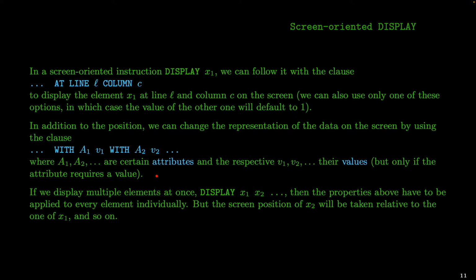And if we display multiple elements at once, then the properties above have to be applied to each displayed item individually. So if we set the position for x1, then we have to also set the position for x2 after that manually. Otherwise, the position of x2 will be taken relative to the one of the element before it, and so on.